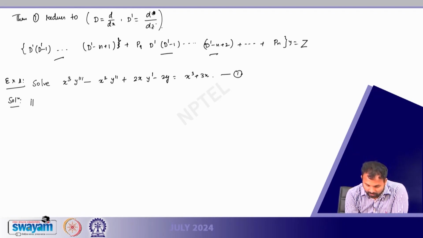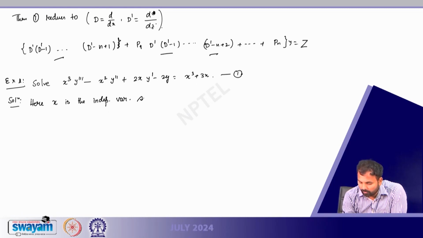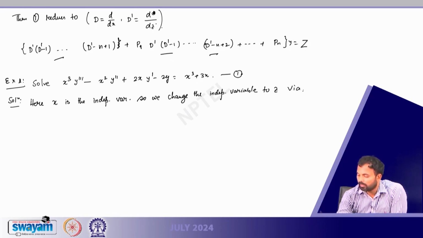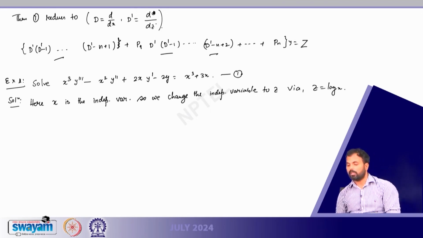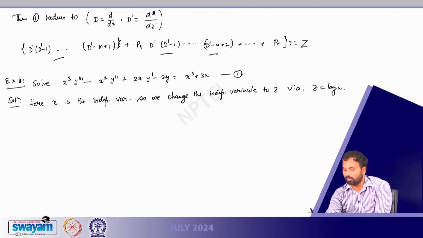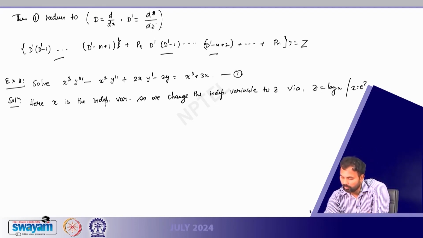Here x is the independent variable, so we change the independent variable to z via z equals log of x, or x equals e to the power z, whatever seems convenient to you.